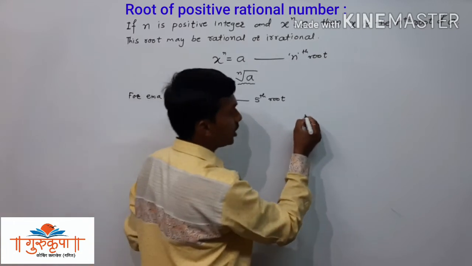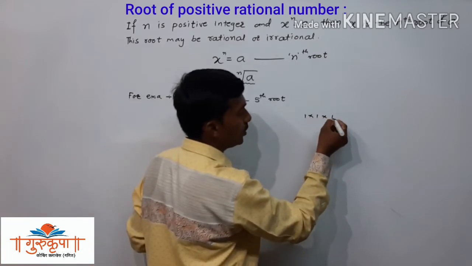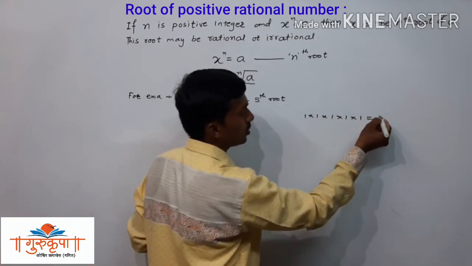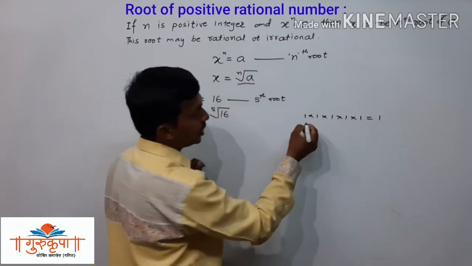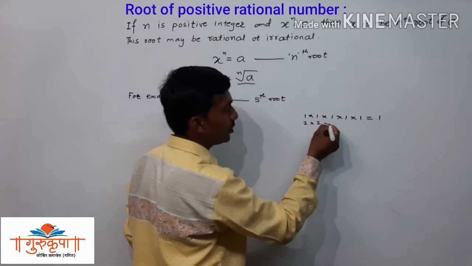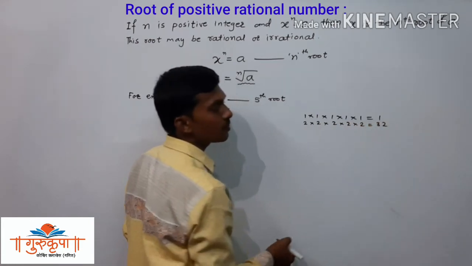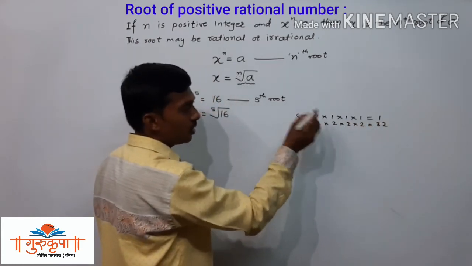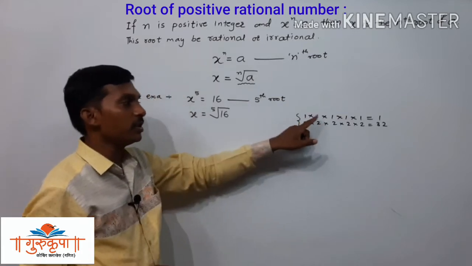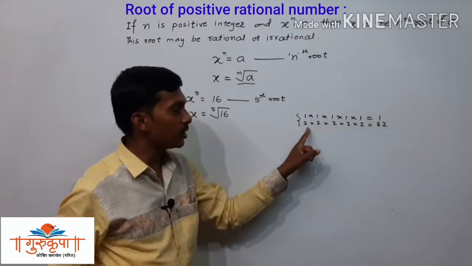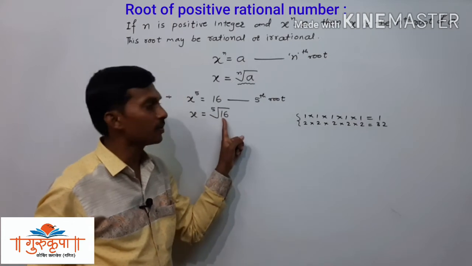See here, if we take the product of 1 five times, that is 1 only. If we take the product of 2 five times, that is 32. Now if we start from 1, the product is 1, and if we take 2, the product is more than 16.